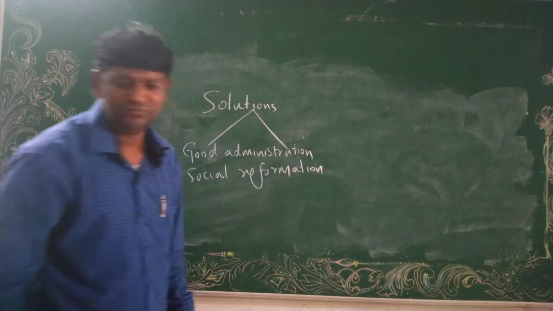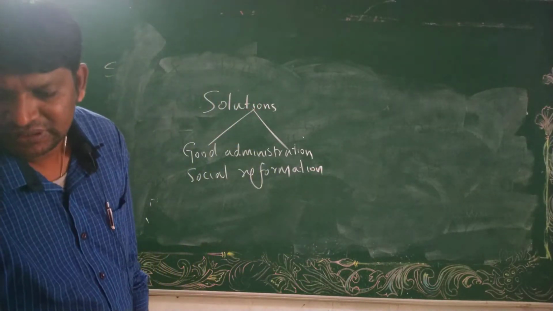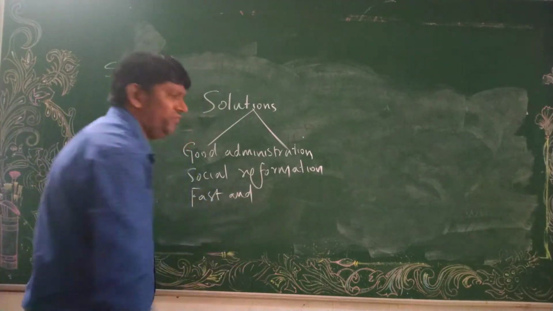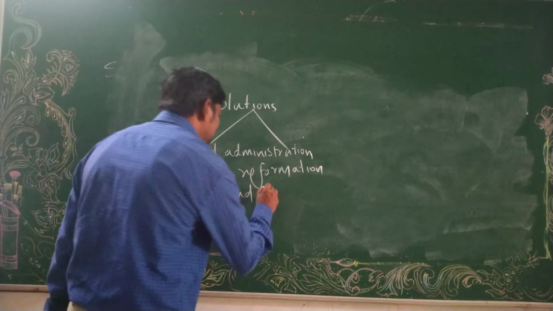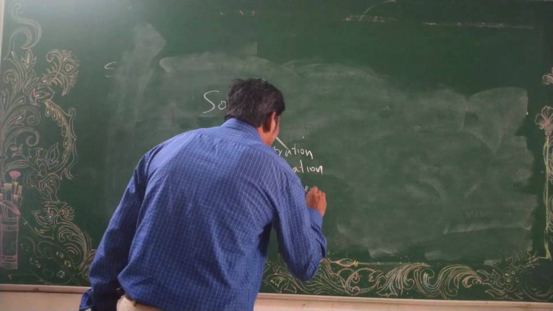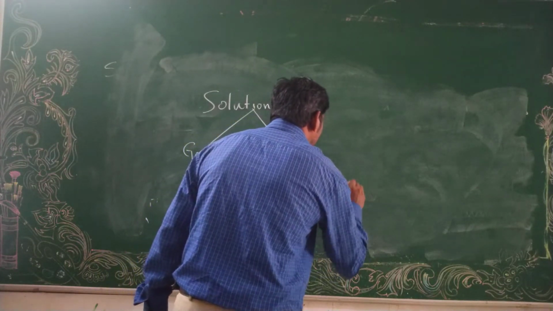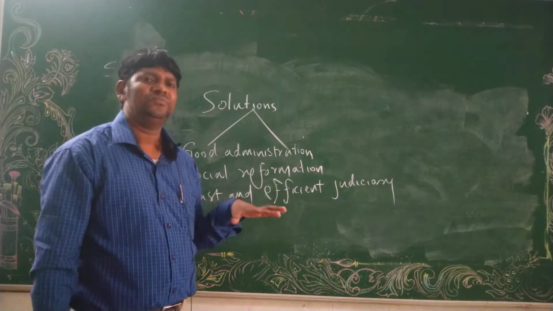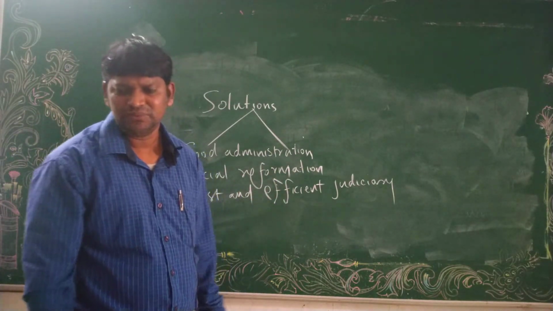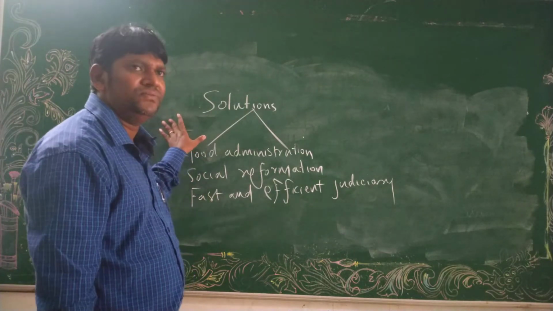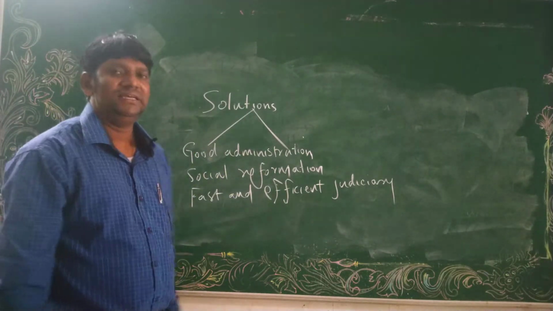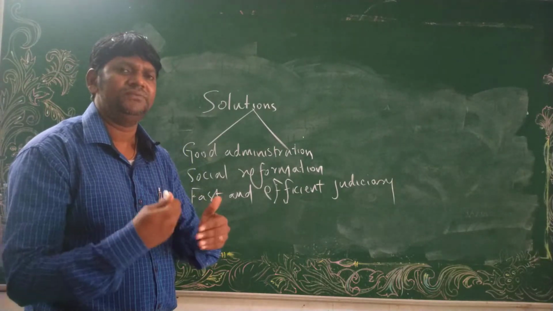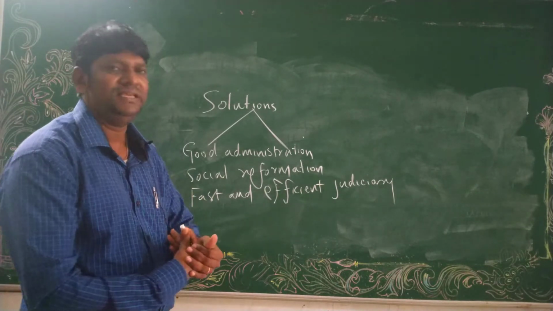Number three is fast and efficient judiciary, quick and efficient judiciary. These are some of the solutions for our internal problems. Then we can give the best solution for the problems we have been facing since 1947.